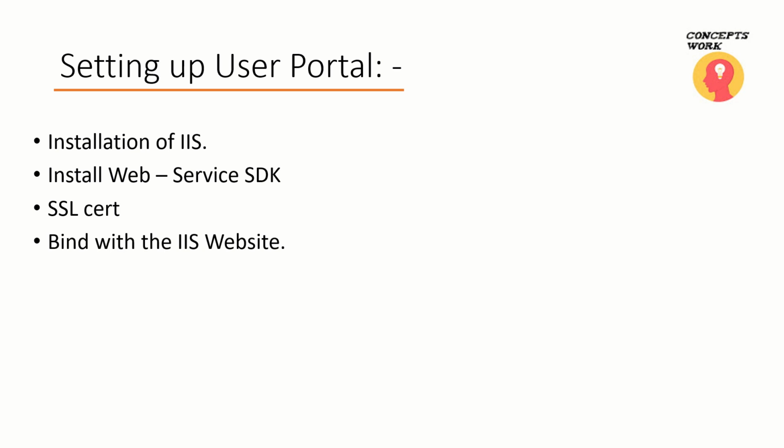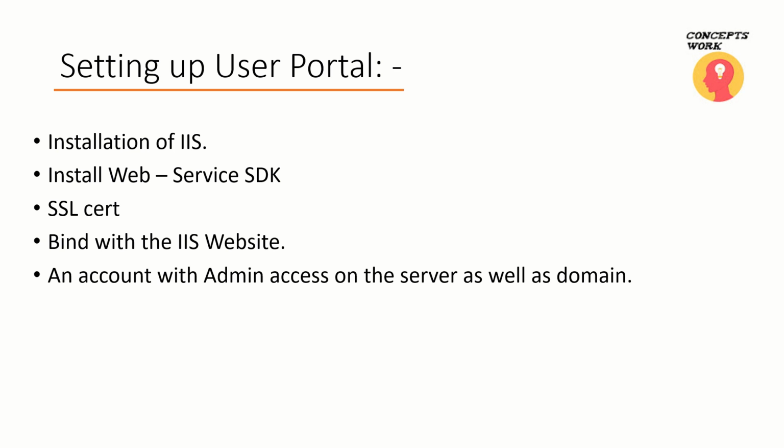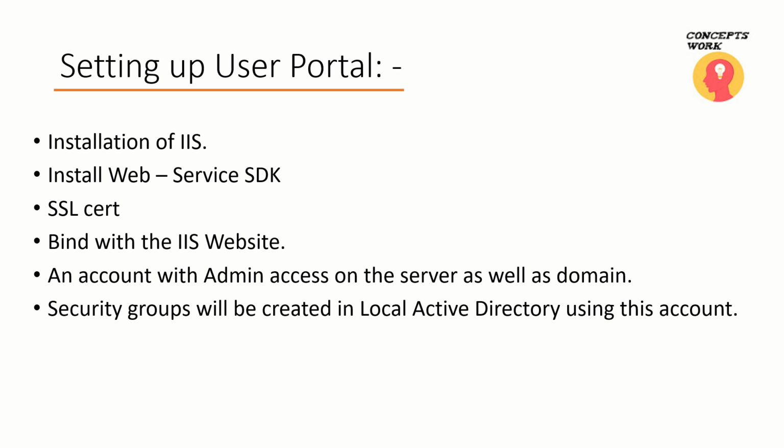After getting the certificate bound, we also need an admin account on the local machine as well as the domain, because this account will be used to add the user account that is used by user portal, and to get that account added in the security group PhoneFactor Admins.